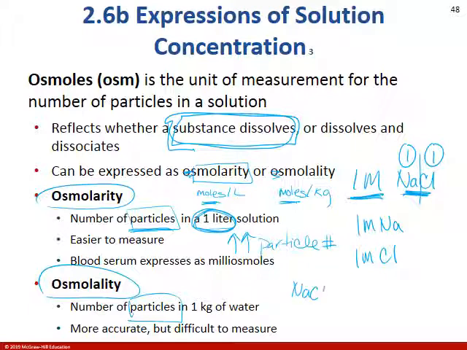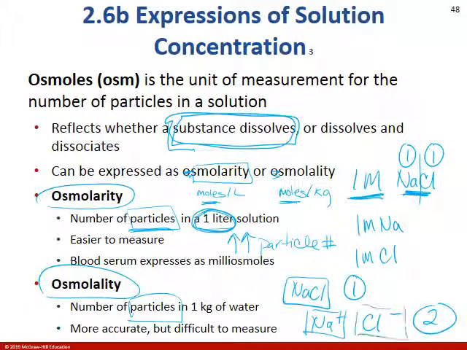So if it was whole, you'd have 1. If they've disassociated, you now have 2 particles. You have this one and you have this one. So osmolarity and osmolality don't have to do with exact measurements like moles. It has more to do with, did the item dissociate or did it not? So hopefully that wasn't too confusing.